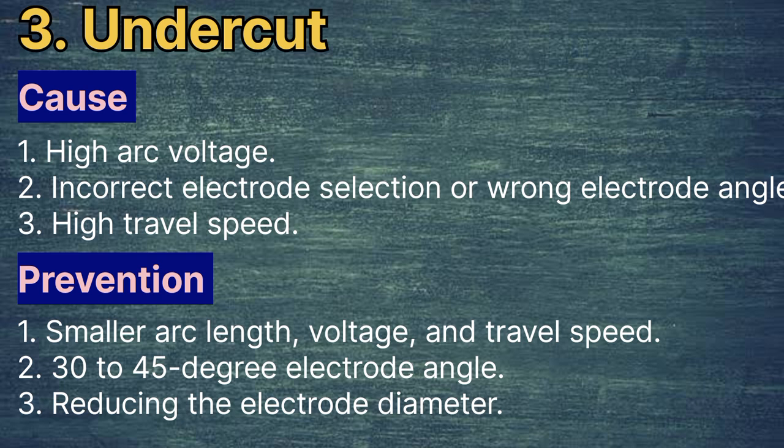The second one is a 30 degree to 40 degree electrode angle, and the last one is reducing the electrode diameter. If you follow this prevention, the undercut will be reduced and found less.